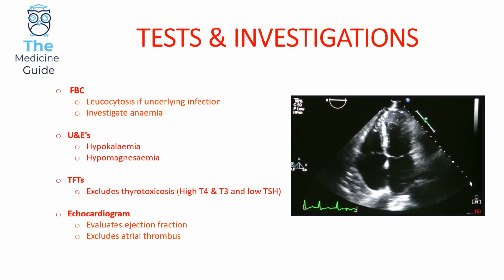And an echocardiogram, which is present on the right hand side. An echocardiogram is used to evaluate the ejection fraction and also to exclude any atrial thrombi, because I mentioned previously that atrial fibrillation increases the risk of an ischemic stroke because potentially it can lead to thrombi being dislodged.